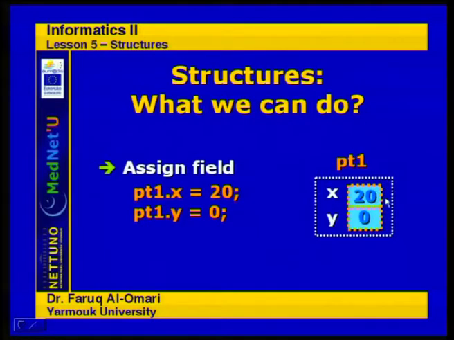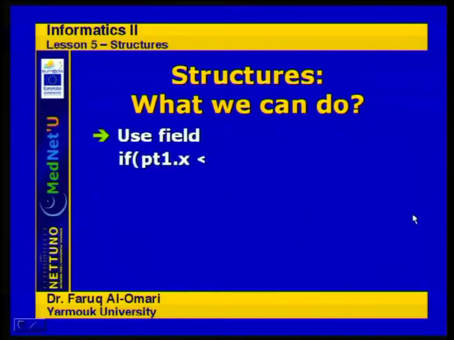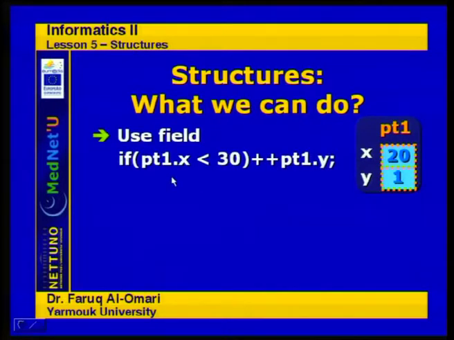We have initialized x to 20, y to 0. So yes, the x component is less than 30, so I'm incrementing the y component. There is an assignment in here, and there is a usage of this in the decision-making process.